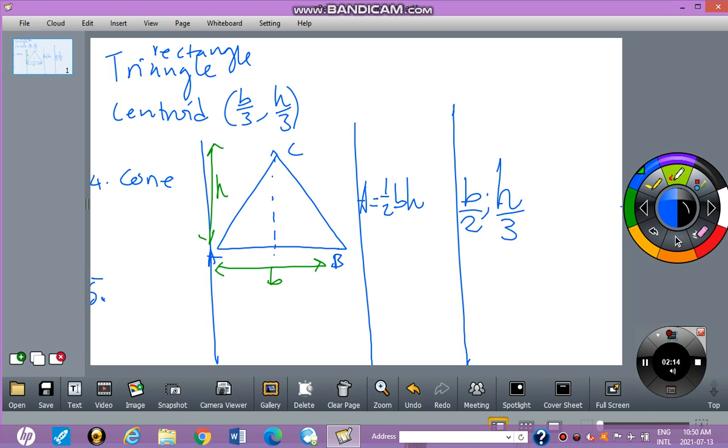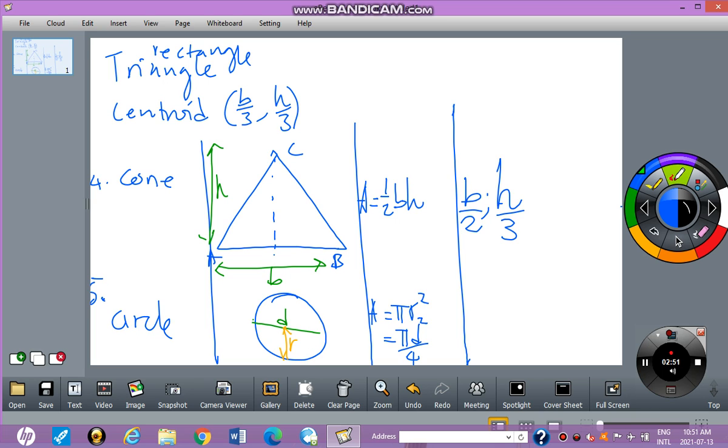Number 5, we have what we refer to as a circle. Okay, that is our circle. It has a diameter. Again, it has a radius. How do we get the area of this? We say area of this is equal to pi r square, or we say pi d square, diameter square, divided by 4.